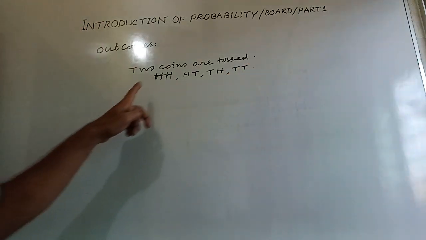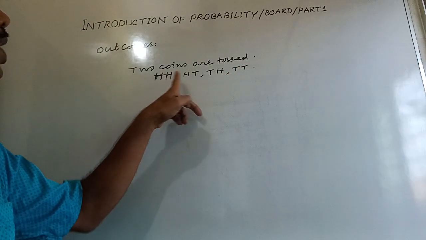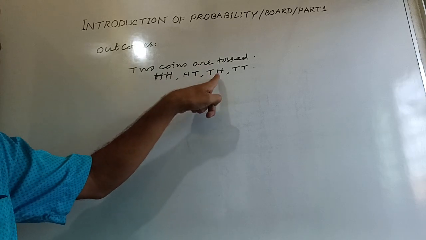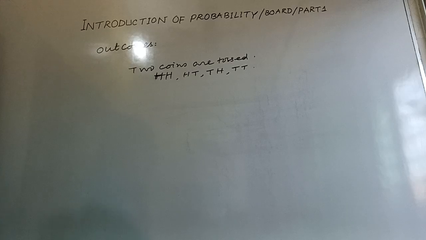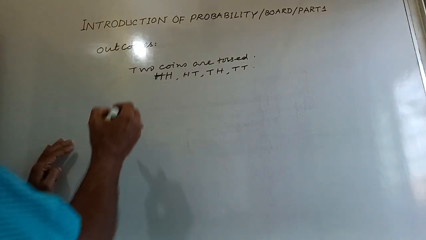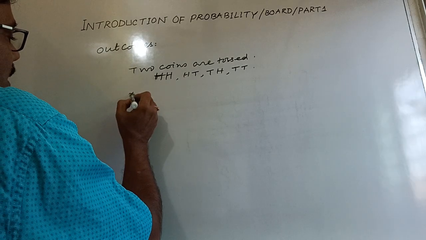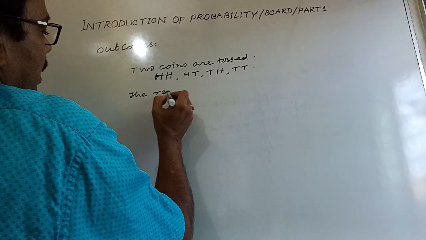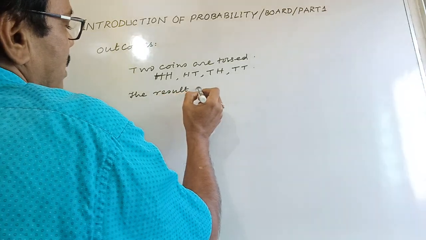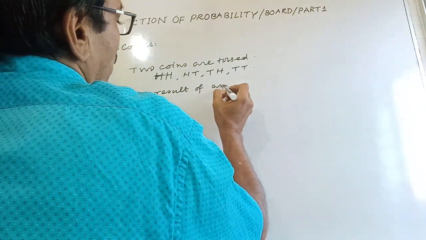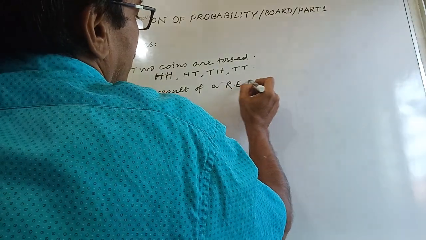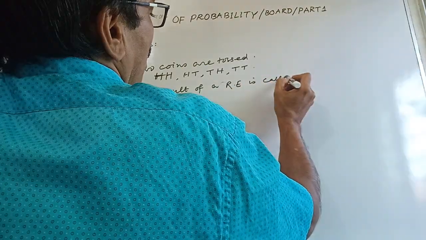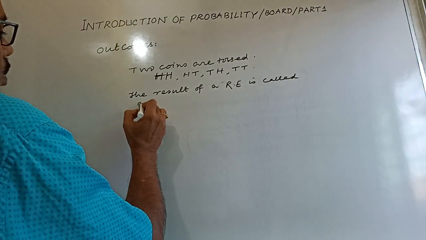So look, HH is an outcome, HT is an outcome, TH is an outcome, TT is an outcome. So what is an outcome? The result of a random experiment is called an outcome.